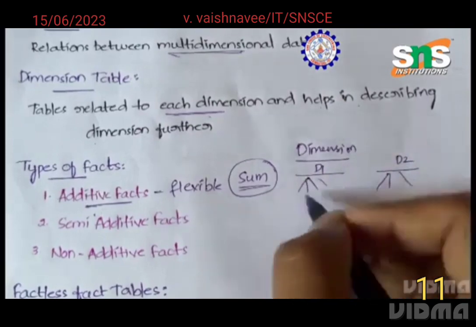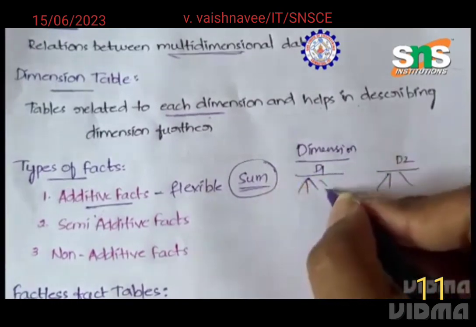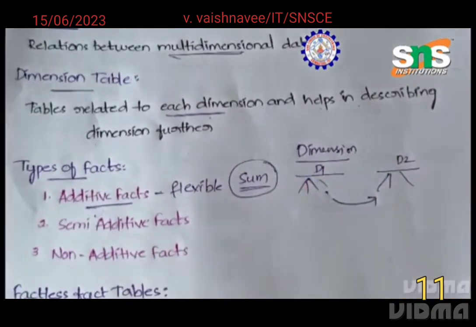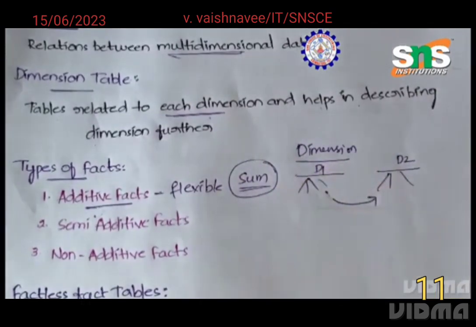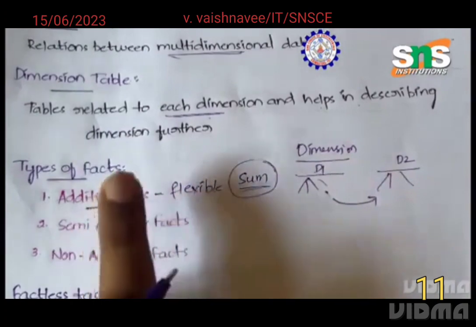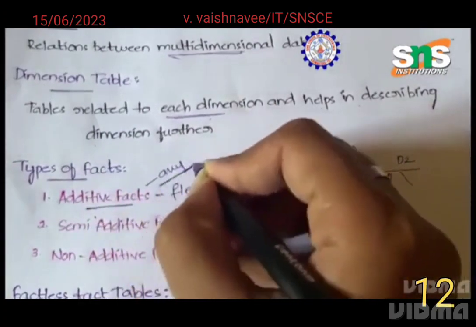You can sum these facts with these facts, so across different dimensions also you can go. They can be summed across any of the dimensions associated with the fact table. So in your fact table, the facts which can be summed up with any of the dimensions come under the additive facts. You don't have any restrictions here.